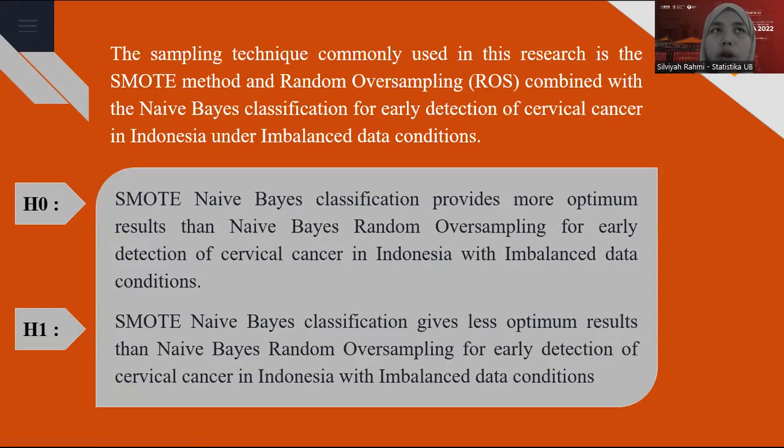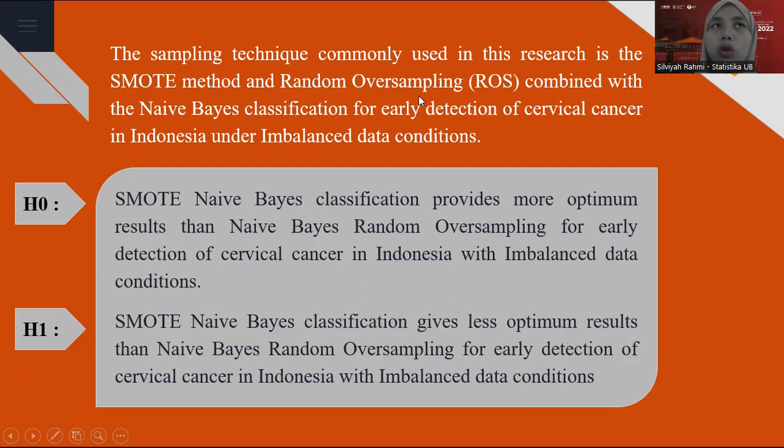So we are going to approach sampling techniques that are commonly used in machine learning. We call it SMOTE, or synthetic minority oversampling technique. And the second one is random oversampling.